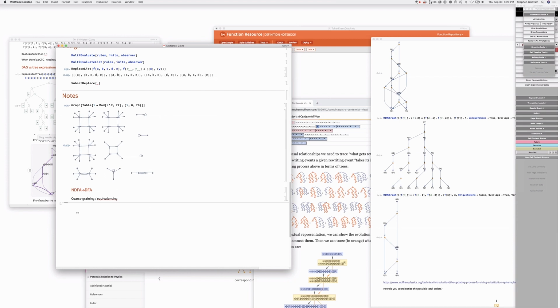But the whole point is, in an NDFA, there are multiple possible, let's see if I've got an example. I think I might have an example from things I was doing just recently. Let me see if I can think of an example here.